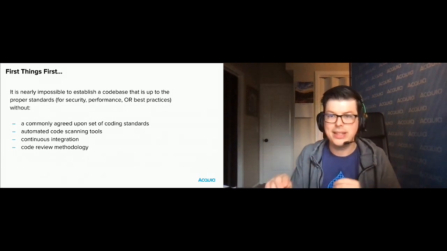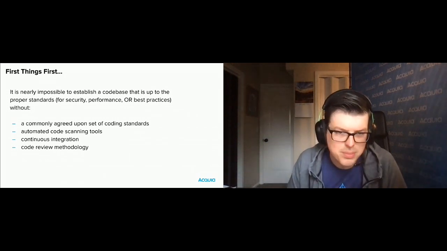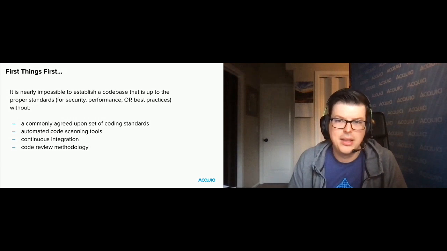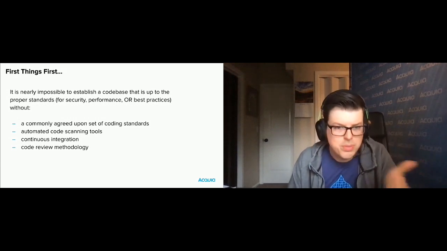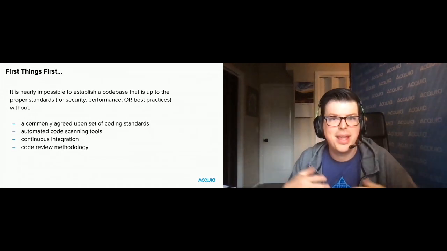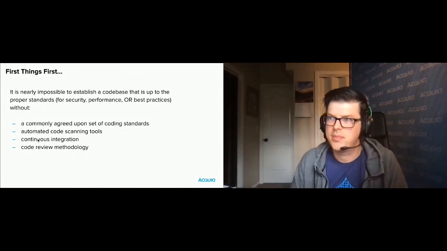But ideally, even in a small team, a couple of developers, 3-4 developers, if I'm doing work, one of you should be reviewing my work. And you're not necessarily there to do a ton of critique per se, but if we have commonly agreed upon coding standards, you should be able to look at my work and give me feedback.